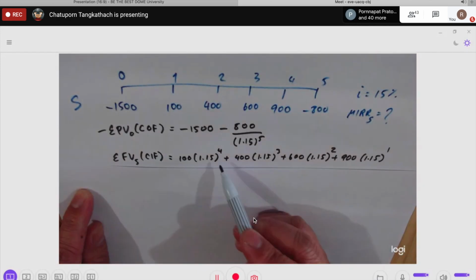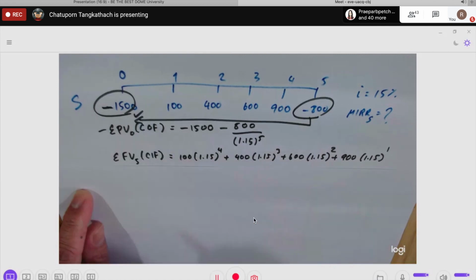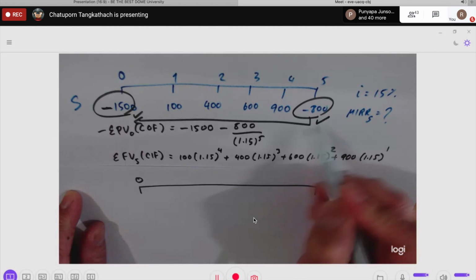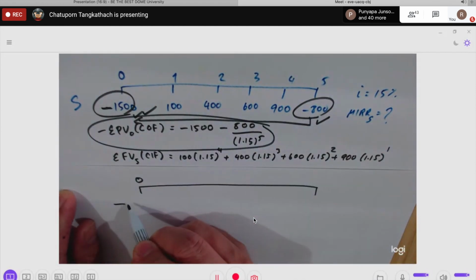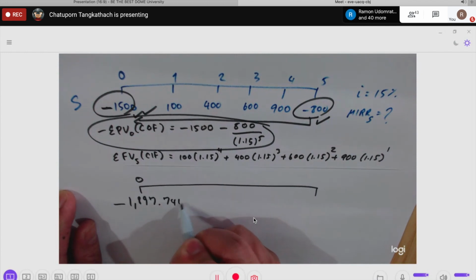So what do we do? We put the negative cash flows together as present value. So on our timeline, after you put this and this together, you get minus 1,897.7414.